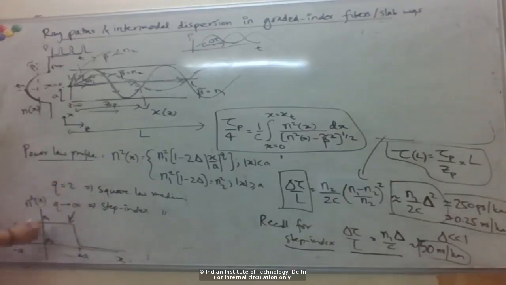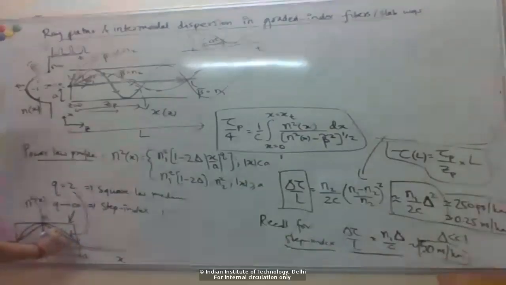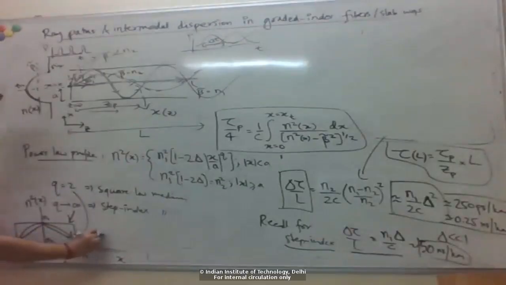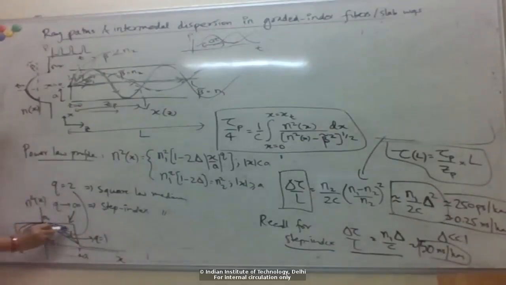As I reduce q to finite values, this becomes curved like that. So this is q equal to 2. This is q equal to 1, a linear or triangular profile. And for values higher than 2, it looks like that. As you keep increasing q, it will go towards the step index. So for example, let's say this is q equal to 4 or something.